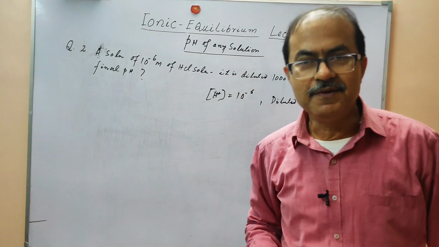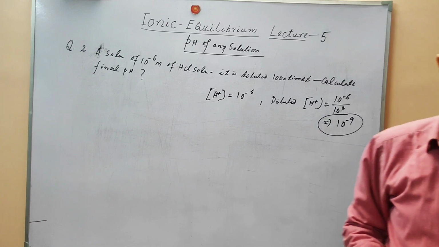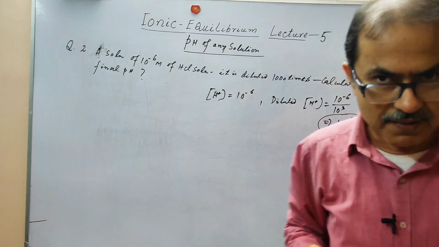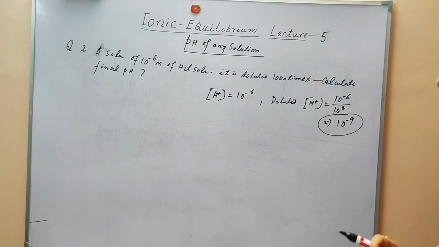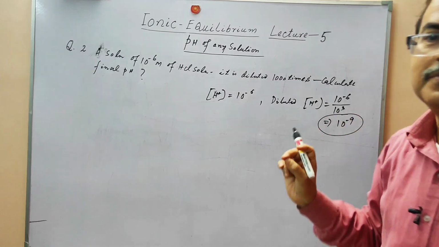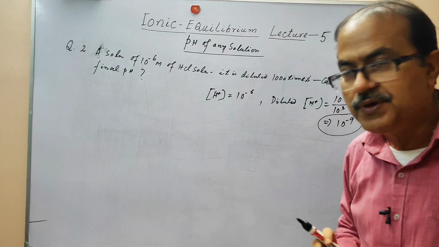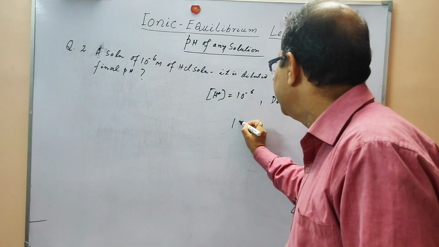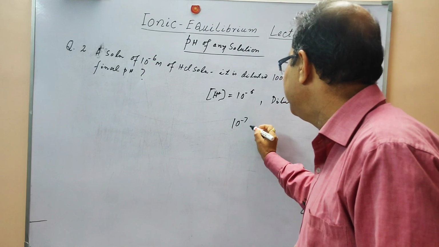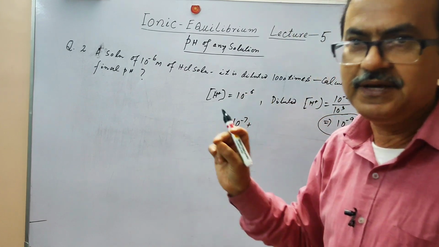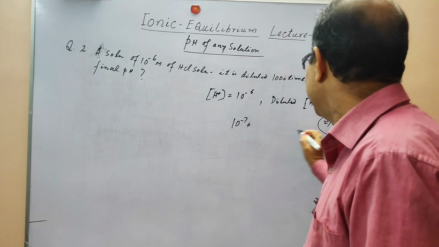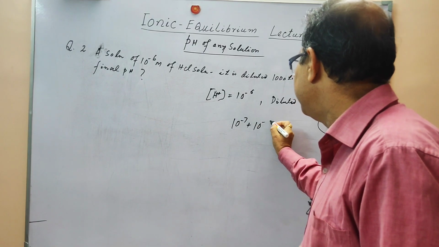Now again the same problem will come: when we put this value directly in the formula, minus log of H plus ion concentration, then it will come 9, but that is not possible. At that time we have to take the assistance of 10 to the power minus 7. We add 10 to the power minus 7, due to the self ionization of the water, plus 10 to the power minus 9.